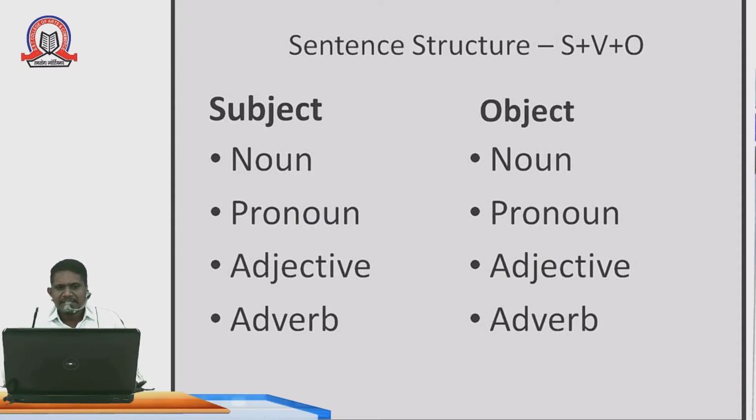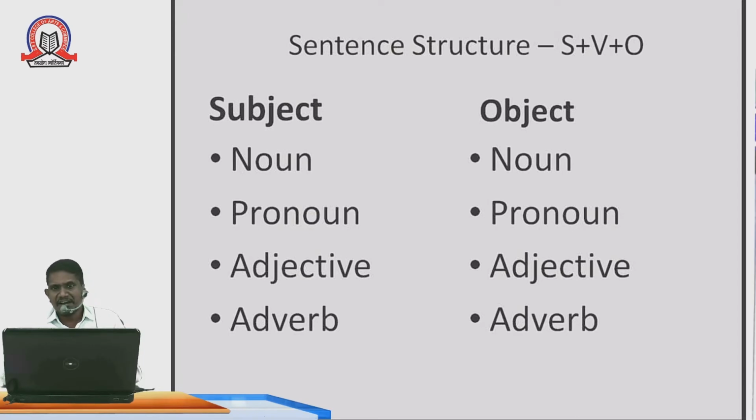And the same goes for adverb. An adverb means the word which tells something more about a noun, pronoun, adjective and adverb itself. How is it? See here, the early train came early to the station.